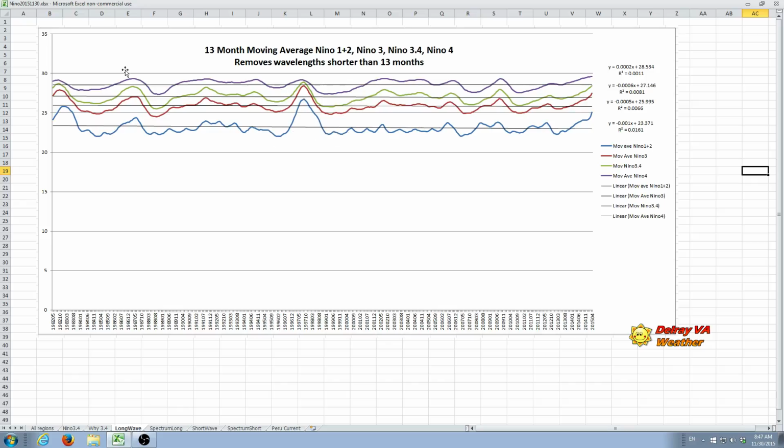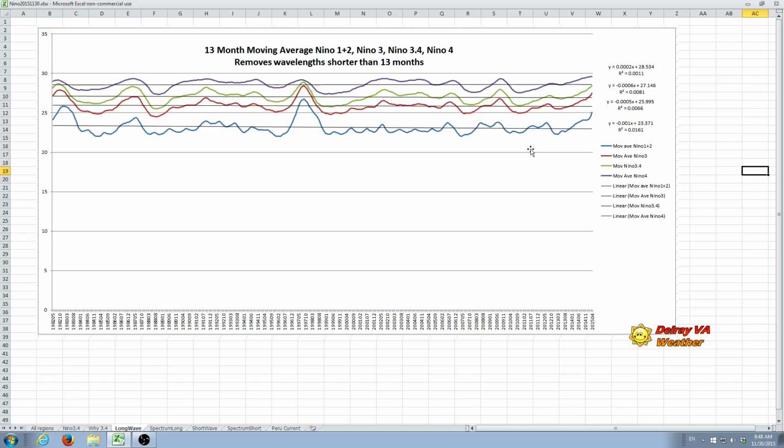Okay. Now, if you do a least squares curve fit through each one of these regions, you will find that all of the slopes of all of these lines, with one exception, are negative. The one exception is the Nino 4, which is slightly positive. But all the others are slightly negative, which shows that the long-term trend of sea surface temperature, if you pull out anything less than 12 months, is very slightly down.